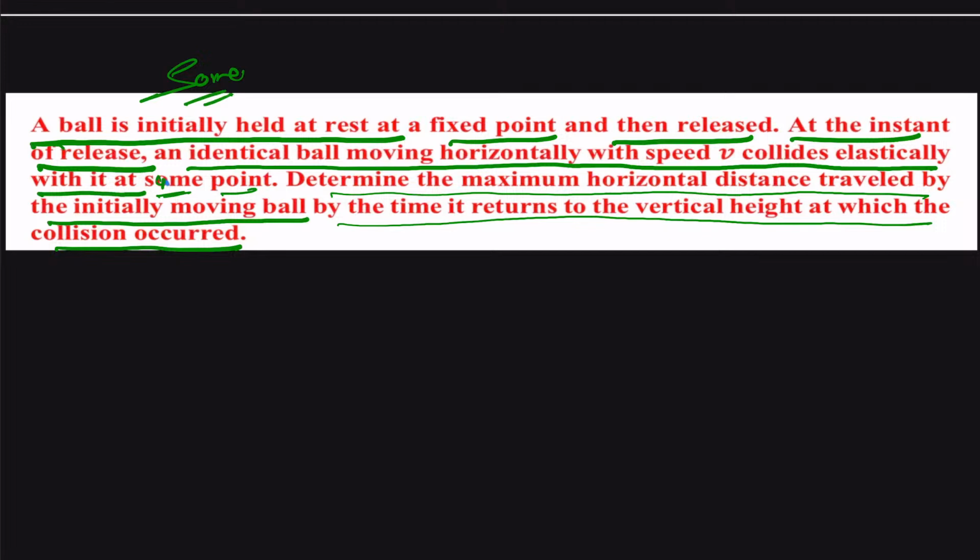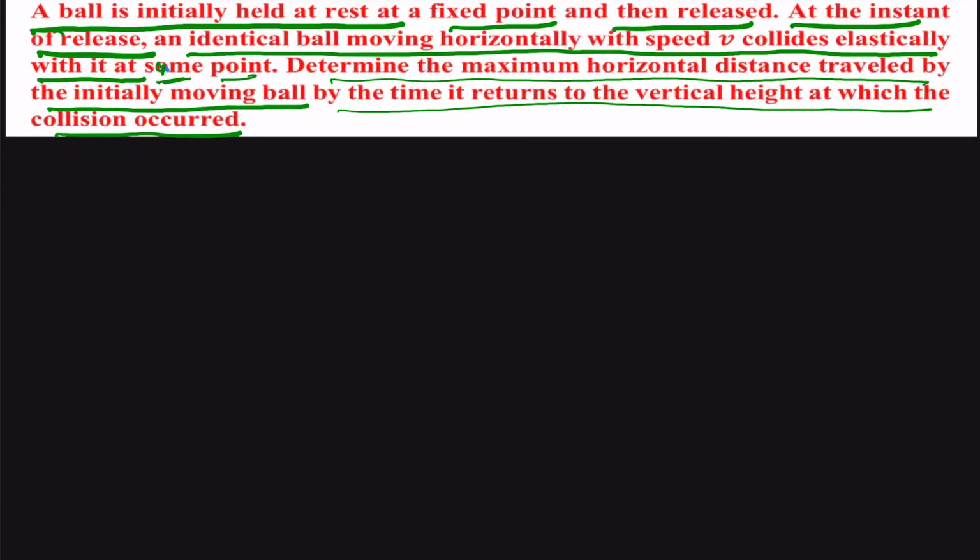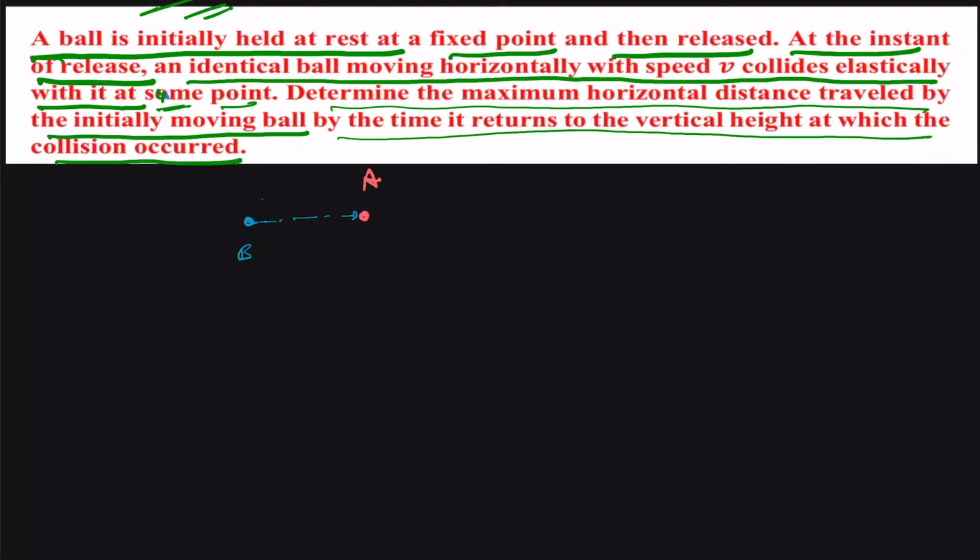So this question is a combination of our projectile motion as well as our conservation part. Suppose there is a ball A and it is being struck by a ball B, and this ball B is moving in this direction and its velocity is given as v. We already know that ball B will be traveling in this direction and ball A will be moving somewhere here.